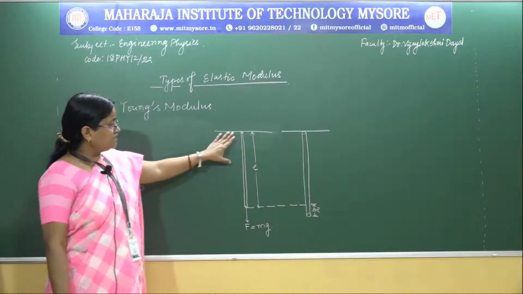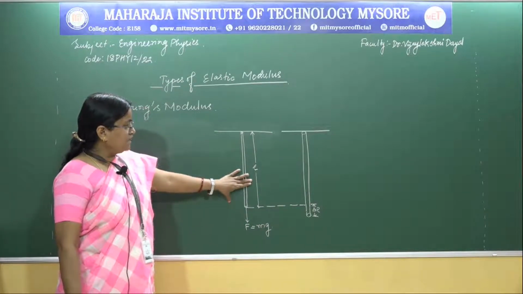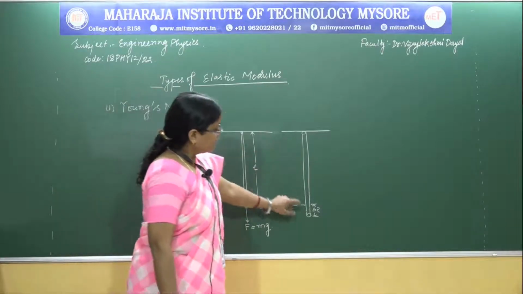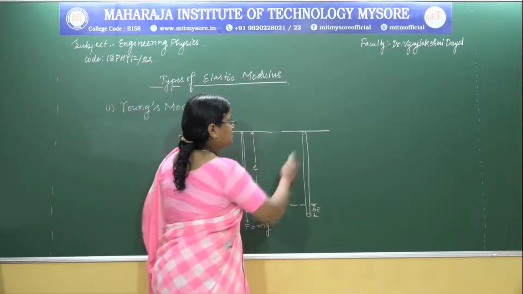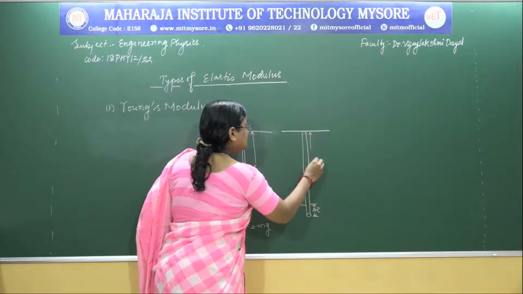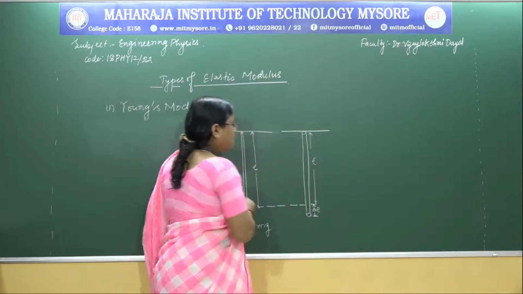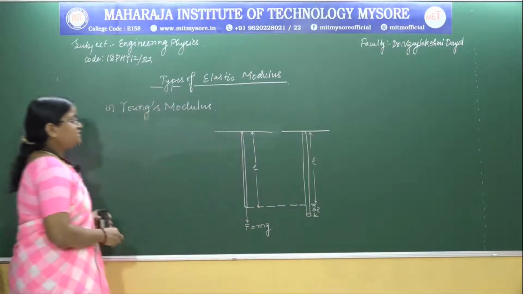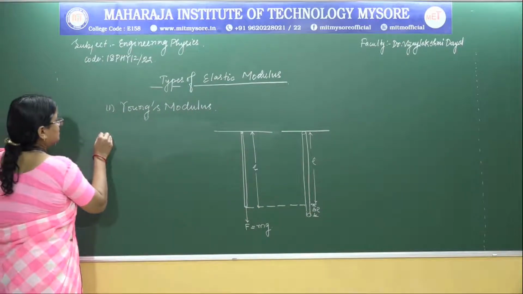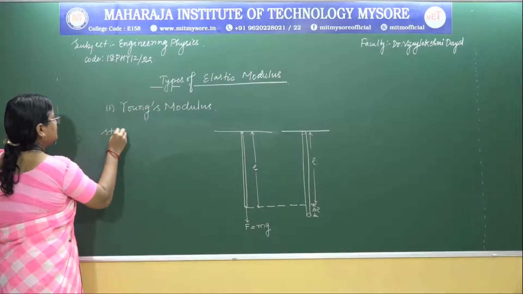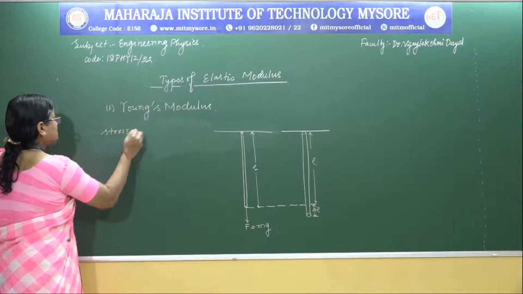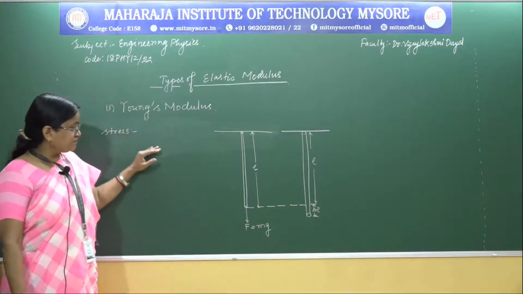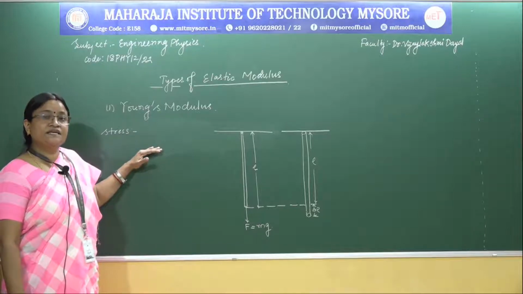Again repeating, the length of the wire is L, and when we apply the force mg, the wire gets extended by the length delta L. The original length was L and the wire got extended by delta L. Now as per the definition of stress, it is force applied per unit surface area.